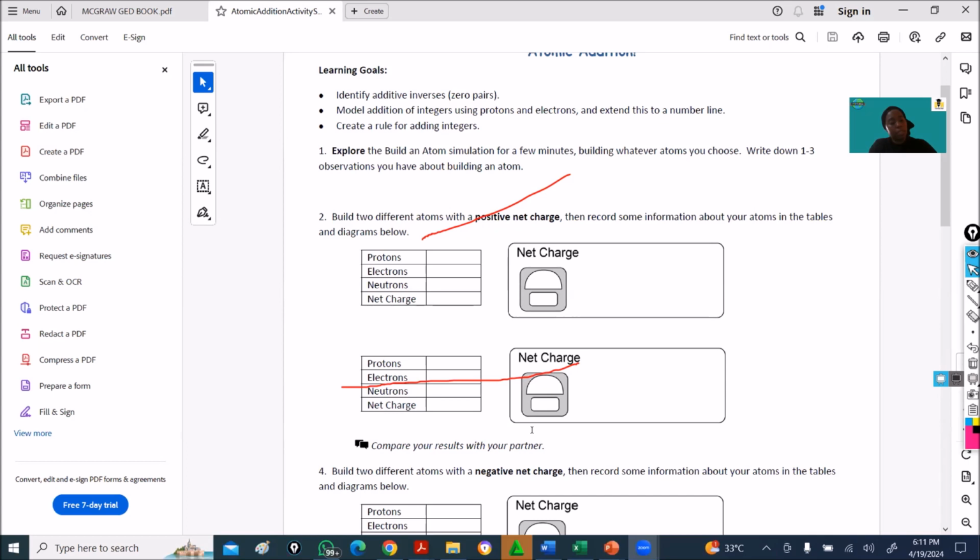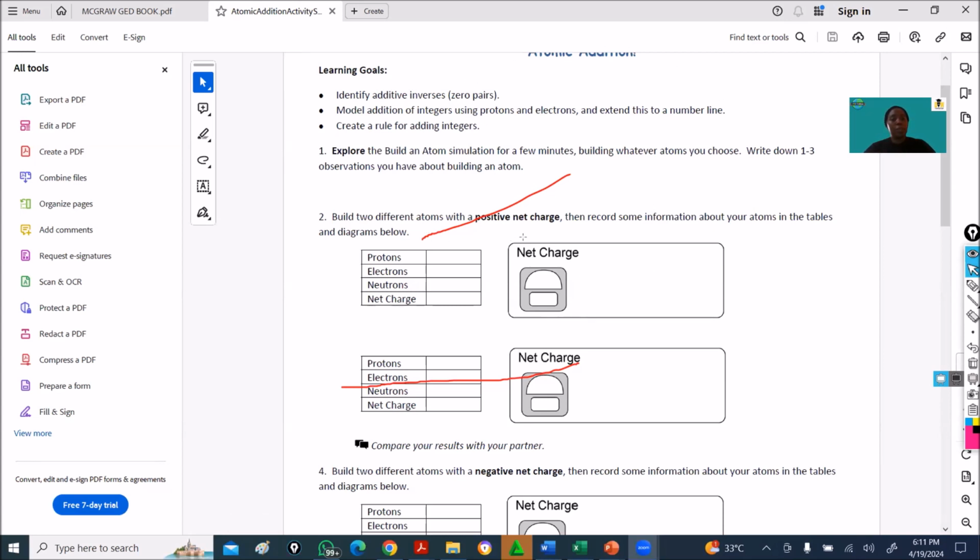Okay, I see your comment. Okay, are we working on number 2? Okay, if you have worked on your table, your protons, neutrons, electrons, net charge, let us see your answers in the WhatsApp chat.